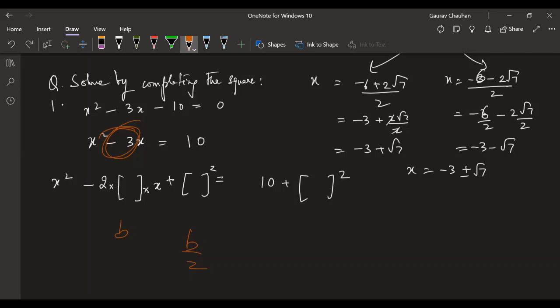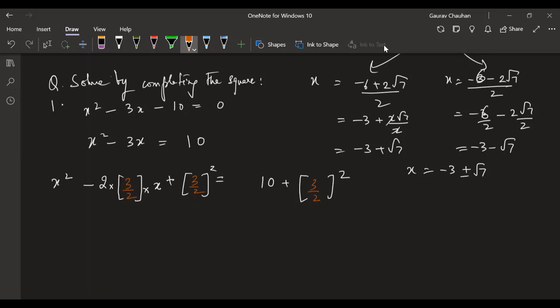If I have minus 3 here, minus I took outside, 3 here I will write 3 by 2. Because it will get cancelled, I will get 3 again back, no? Minus is outside already. So if I'm writing 3 by 2 here, here also 3 by 2, here also 3 by 2.